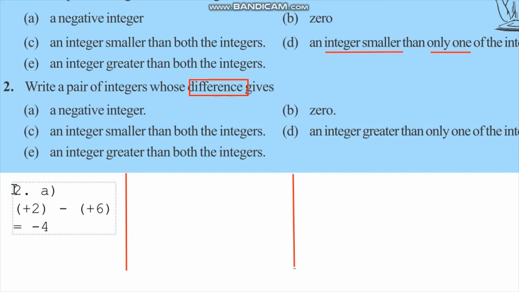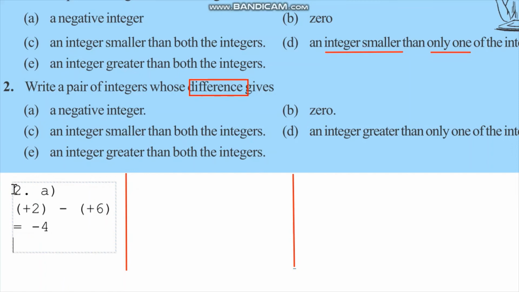Using the rules that we have to subtract a positive integer from another positive integer, we will end up with minus 4. This is a very common situation where we are finding the difference of two numbers and the result is a negative integer.